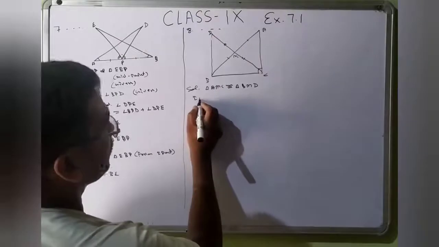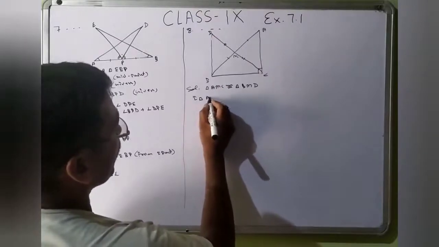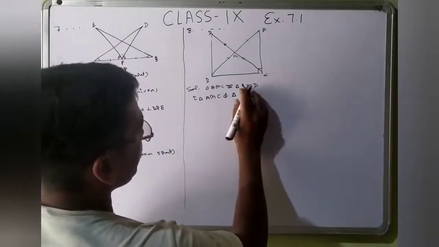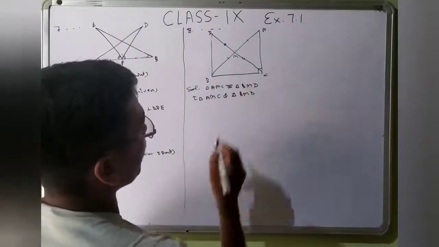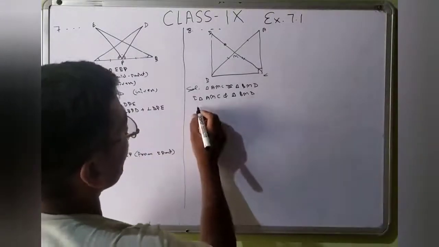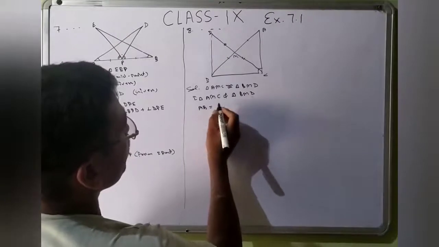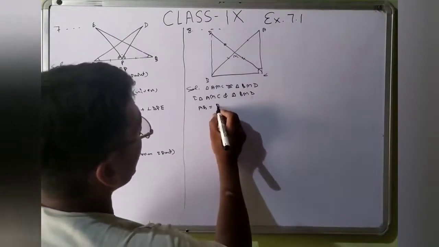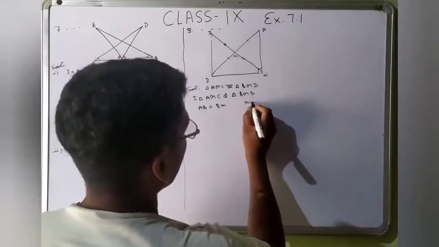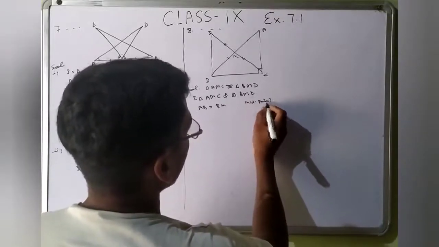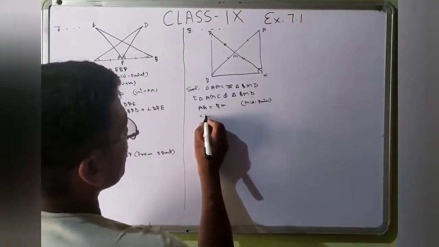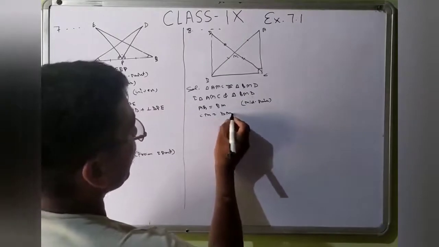So in triangle AMC and triangle BMD, AM is equal to BM by midpoint, given in question, and CM is equal to DM.